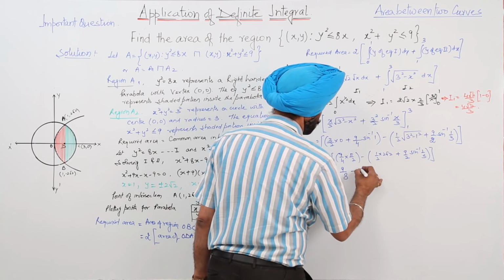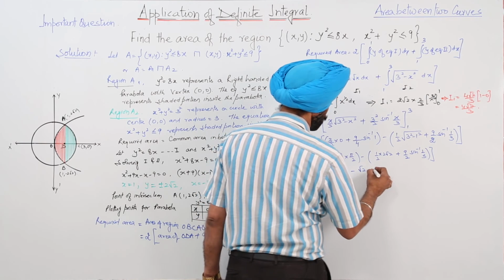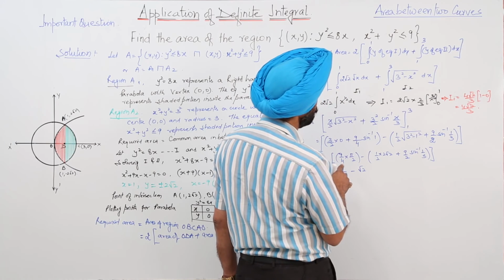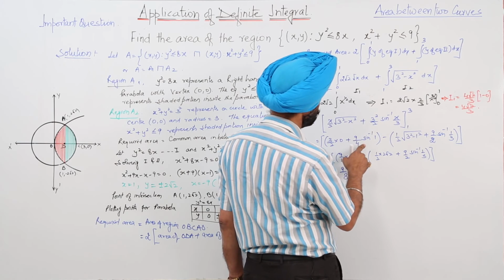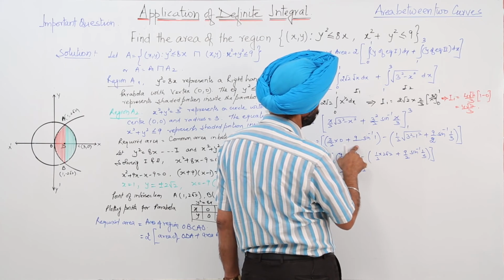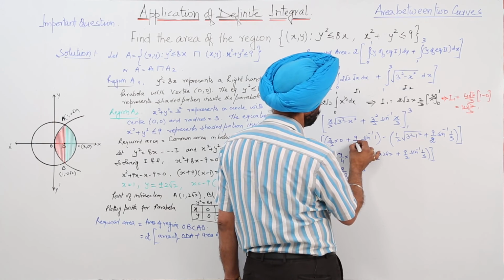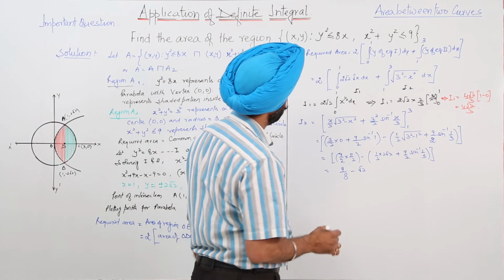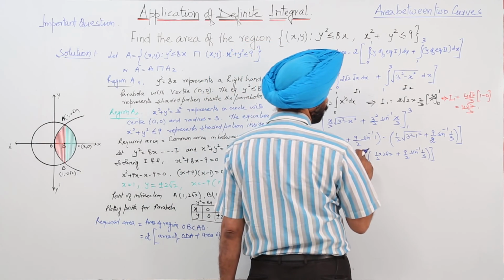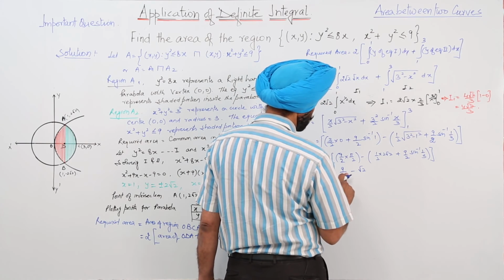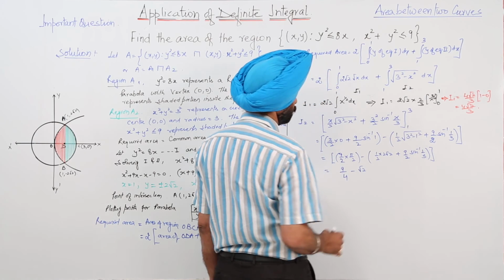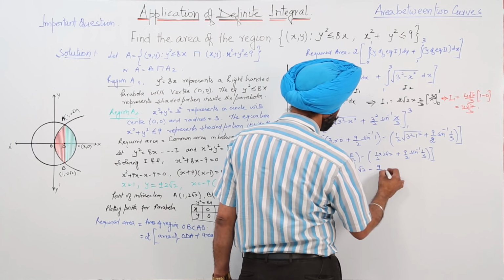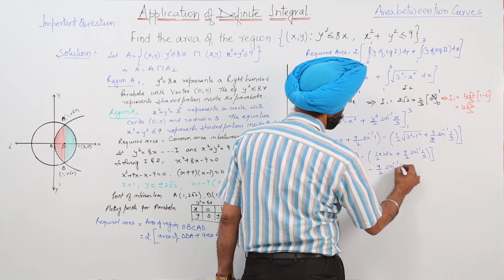Here it is 9 by 2, yes, 9 by 2, then this becomes 9 by 4. Now I2 is 9 pi by 4 minus root 2 minus 9 by 2 sine inverse 1 by 3.